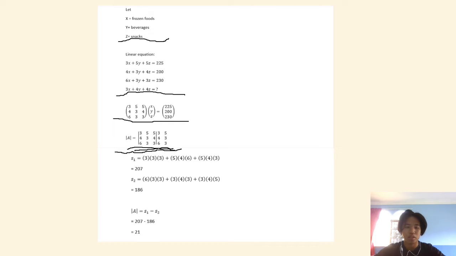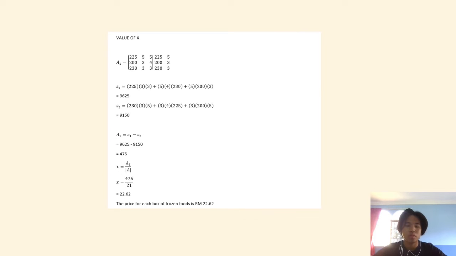From this we get S1 is 207, S2 is 186, and we subtract these two, S1 minus S2, to get the determinant of A, and we get the determinant of A is 21.